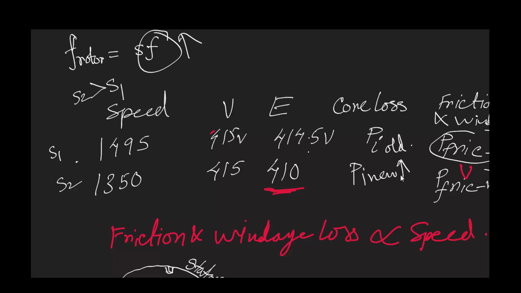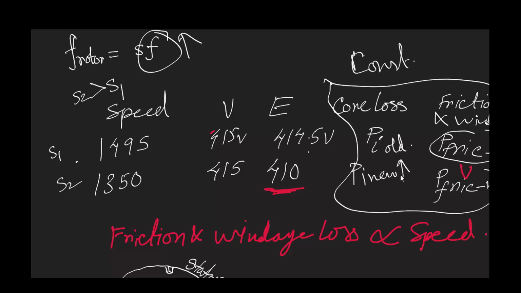So, for the sake of simplicity, we club all of them together and form a new term, that is constant losses. We generally do not differentiate between core loss and friction and windage loss, because both of them are varying but in opposite ways, and therefore they maintain a more or less balanced condition.